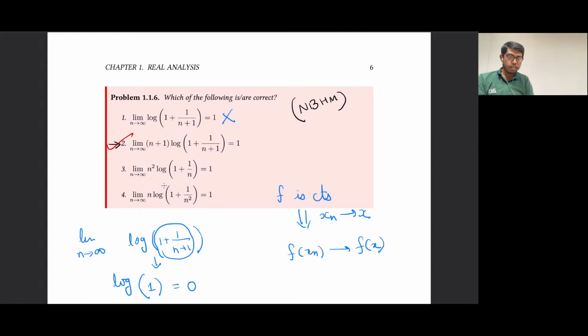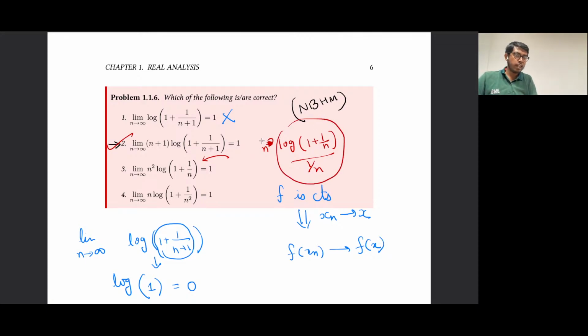Now this one, again I'll apply the same logic. n square log of 1 plus 1 by n, divided by 1 by n, so the 1 by n will be cancelled. But this limit is 1 and n is there, so this will go to infinity. So this is also false. And now the same here, but now you have n square.